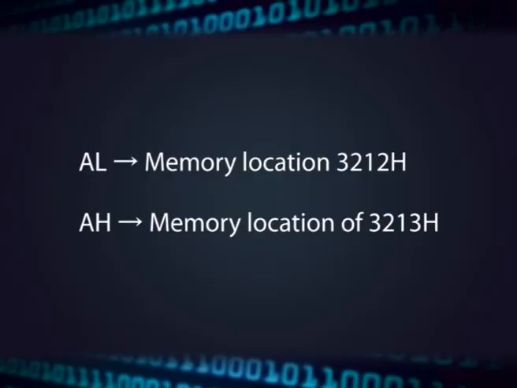The contents of AH, which is the higher 8 bits of the register AX, are then stored in the next memory location 3213 hex. Thus, the effect of the instruction can be explained as AL is transferred to memory location 3212, and AH is transferred to memory location 3213, which is the next memory location after 3212.